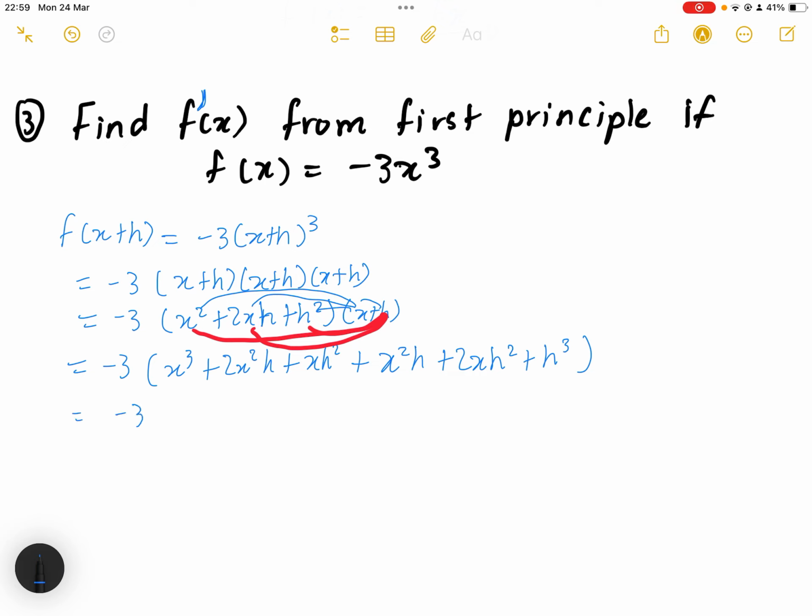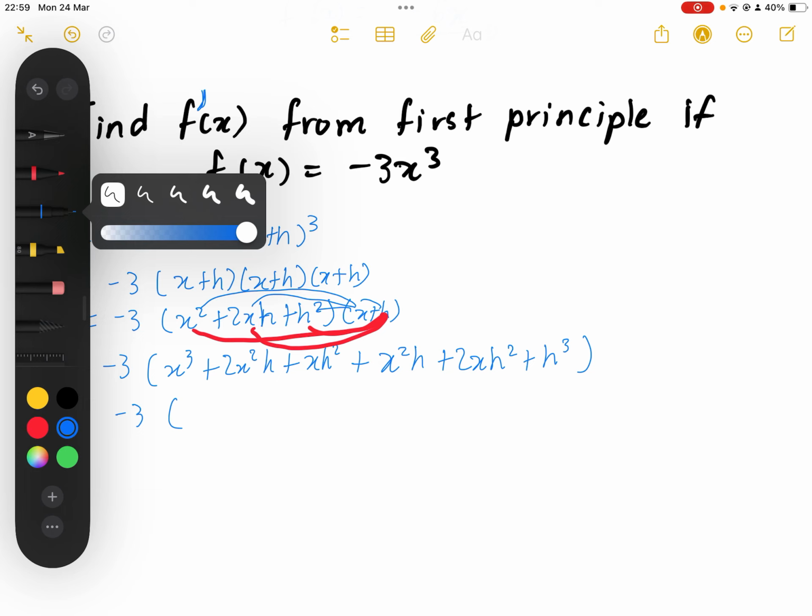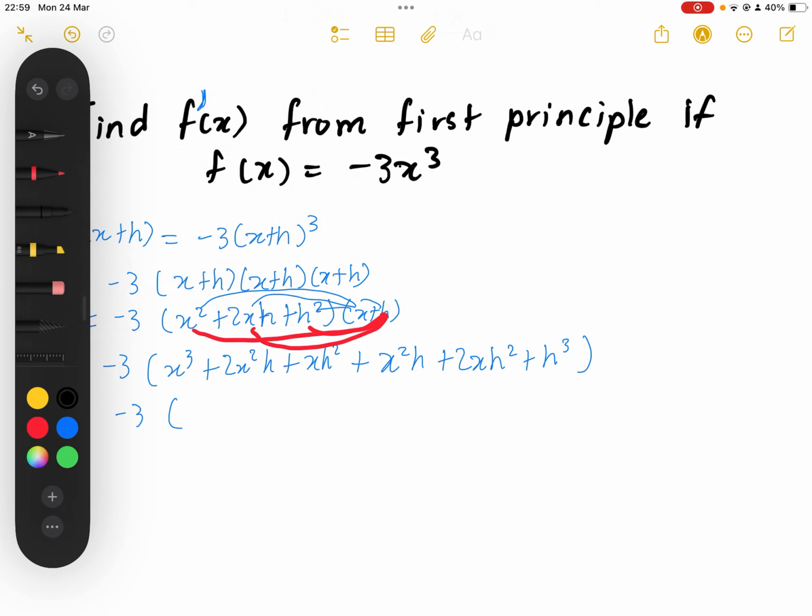So negative 3, and then inside the brackets, are there any like terms? Now there are many x's and h's, so let's find some like terms.